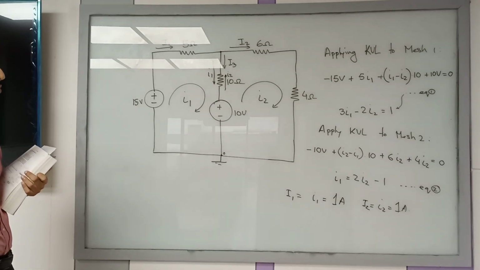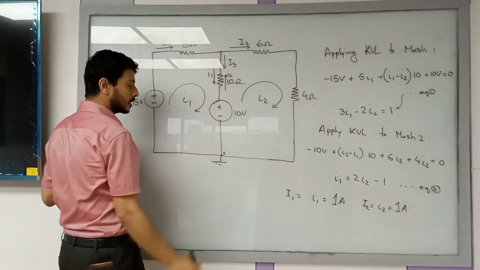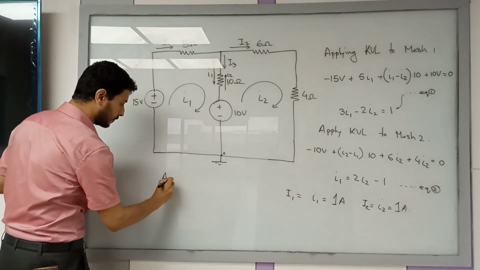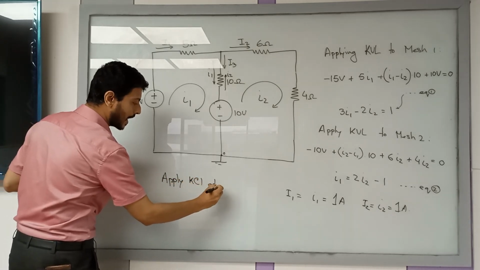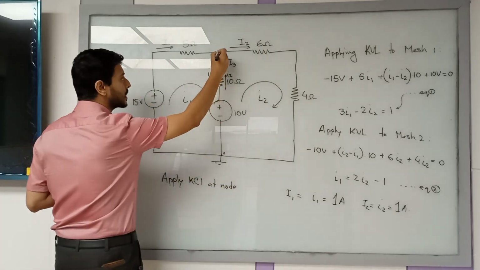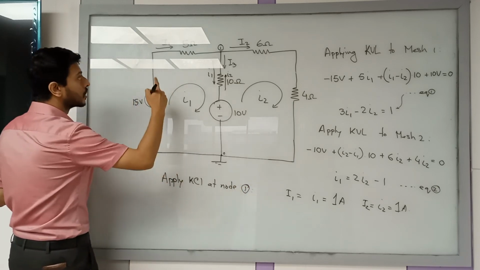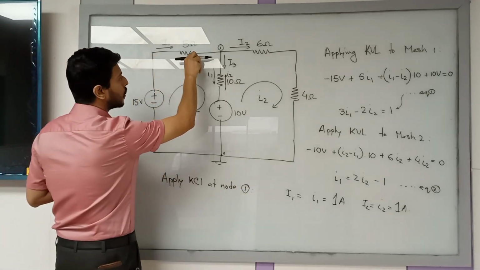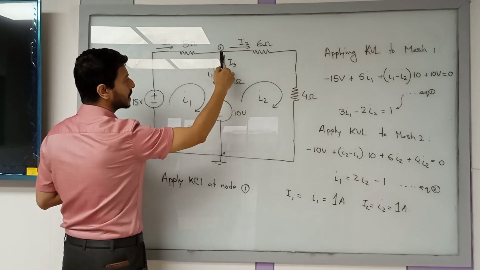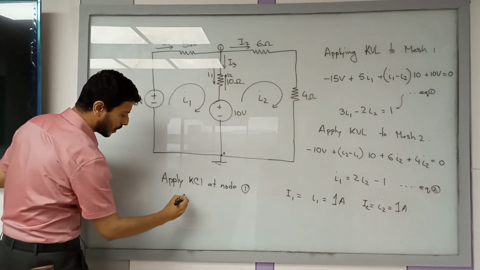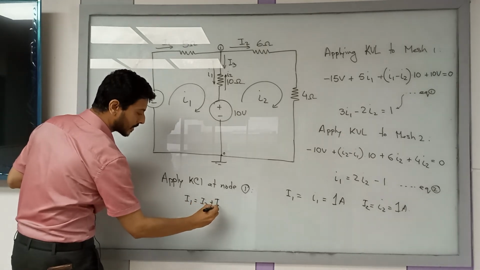So when you know I1, capital I1 and I2, apply KCL over here. Apply KCL at a node, let's say this is node 1, name it. At node 1, this capital I1 is entering and this capital I3 and I2 are leaving. So capital I1 should be equal to capital I2 plus I3.